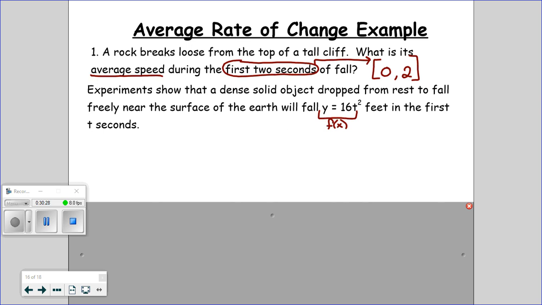So our slope formula says f of b, the second number, f of 2, minus f of 0 over 2 minus 0. Okay, well, we know what the function is. The function is actually 16t squared. So I'm going to figure out what f of 2 and f of 0 are and put them in that fraction right there. f of 2 would be, let's see, 2 squared is 4 times 16 is 64. 0 squared is 0 times 16 is 0.